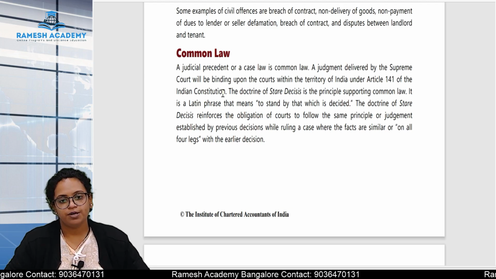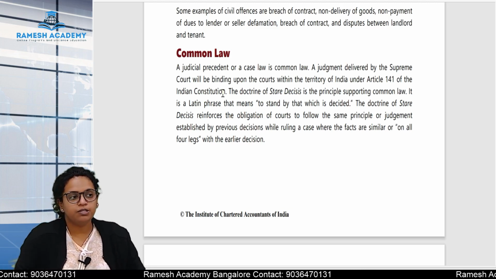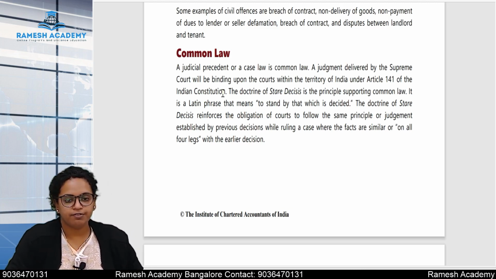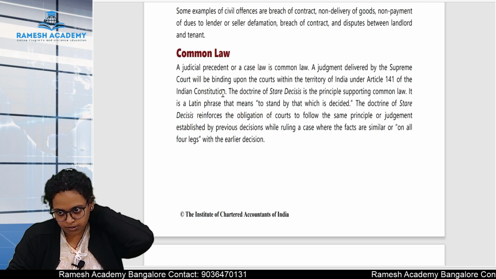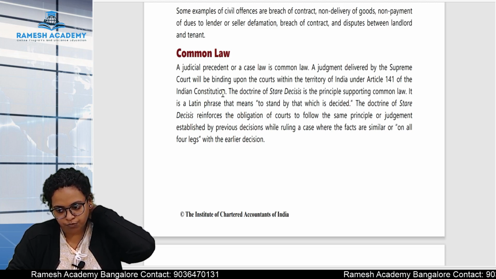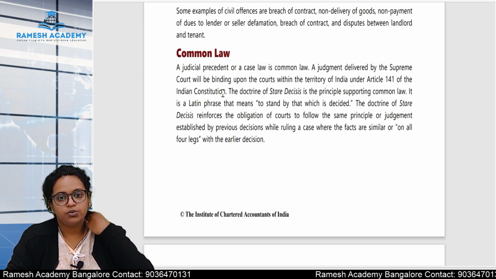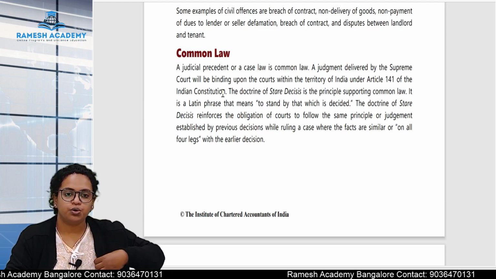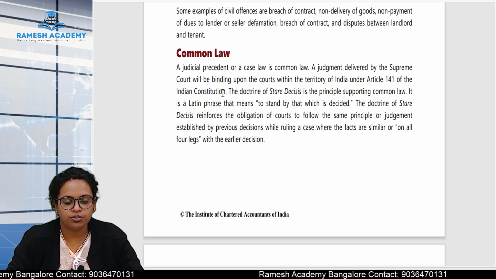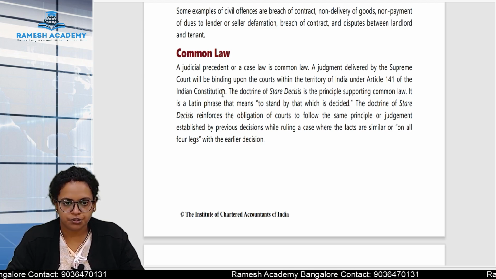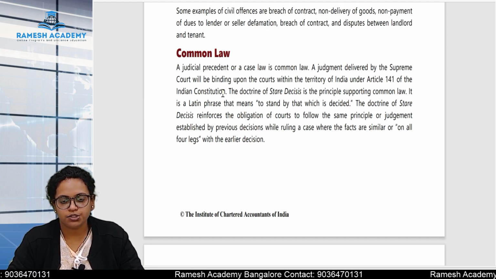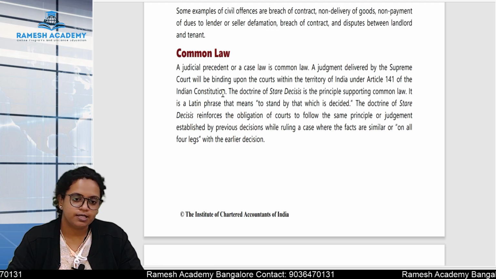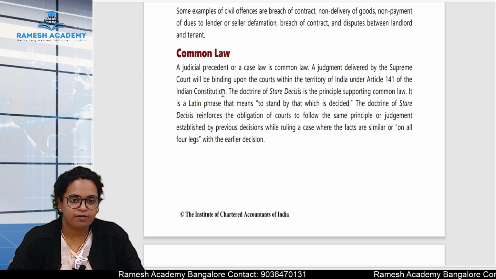Say for example there are different courts as well. Just like we have different laws, we also have different courts. The highest court of India is the Supreme Court. Any court, either the judicial court or the high court, may have taken a certain decision on something, and if a person wants to go to the Supreme Court, any decision taken by the Supreme Court will be the final decision.